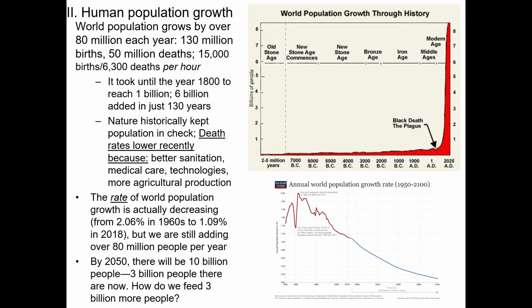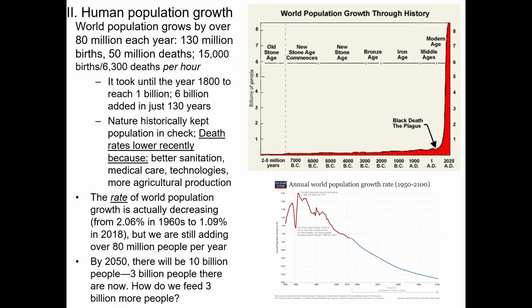I can't remember what it was, maybe 1 out of every 4 children born a few hundred years ago survived to their parents' age, or outlived their parents, because we just didn't have technology, vaccines, sanitation, healthcare, modern plumbing. That all kept population in check. But then all of these advances came to fruition back in the mid to late 1800s, and from there on out.